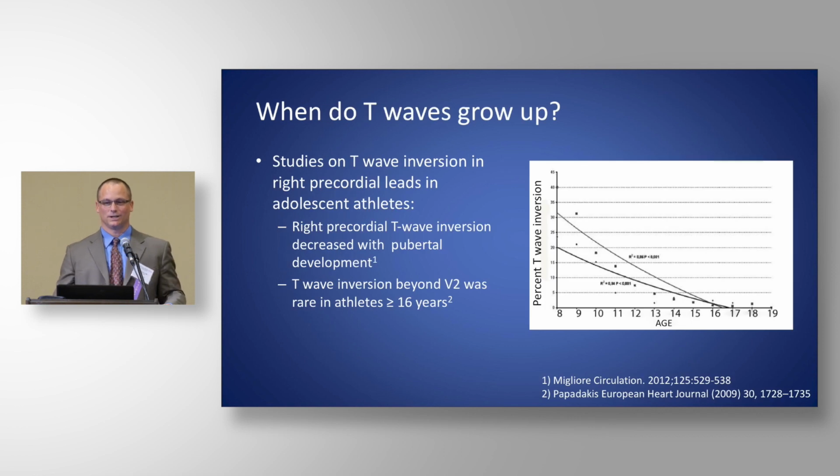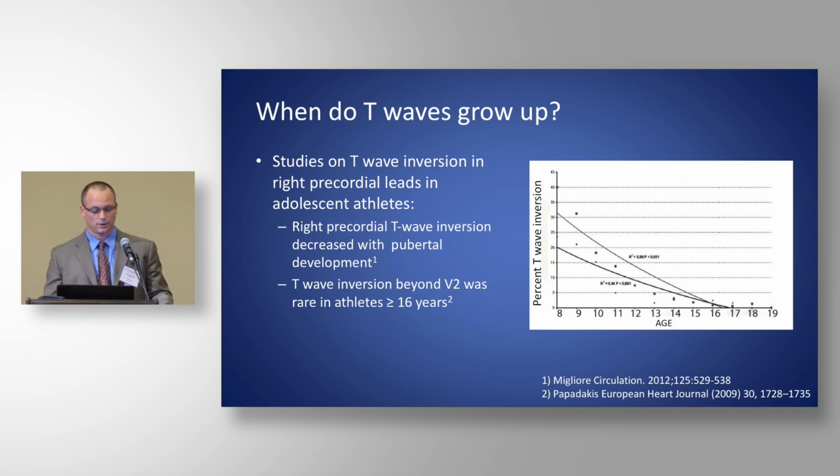So the question really is, when do T waves grow up? When you look at studies on T wave inversion in right precordial leads in adolescent athletes, the right-sided T wave inversion decreases with pubertal development, or alternatively, they become upright as you go through puberty, such that by age 16, T wave inversion beyond V2 is quite abnormal.